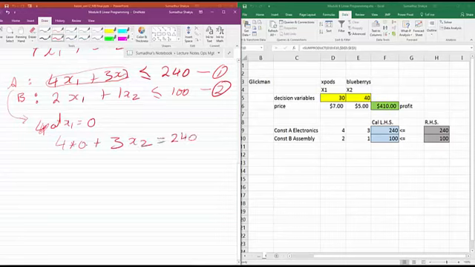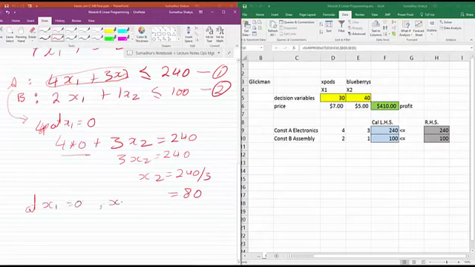Now this is just trying to solve for x2. Therefore this becomes 0. We are left with 3x2 equals 240. Therefore x2 is 240 divided by 3 equals 80. So at x1 equals 0, x2 is 80.